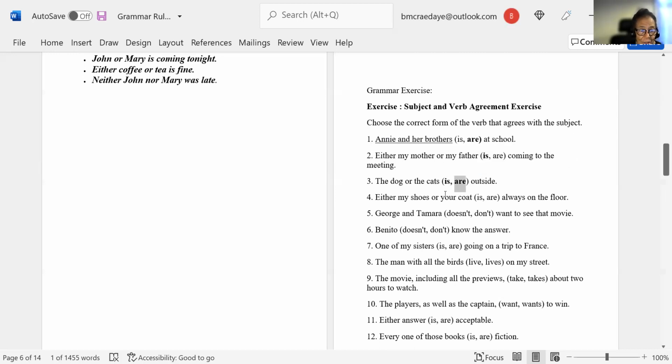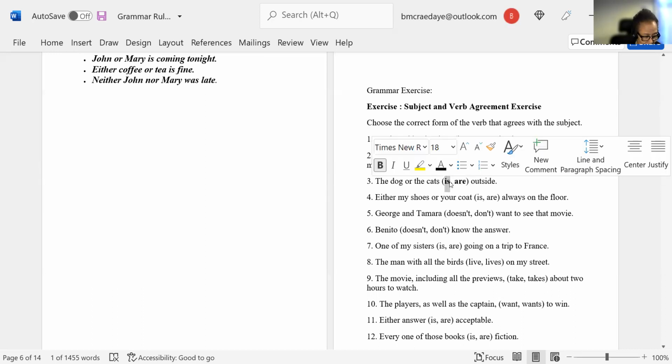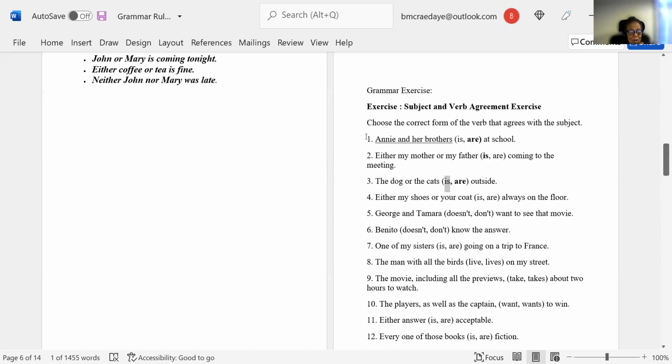Now the or, we said was singular, but cats is plural. So let's just take that off. So the dogs or the cats are outside. Even though we said or is singular subject, singular verb, part of this phrase has cats, and cats is plural. So we would say cats are, not cats is.